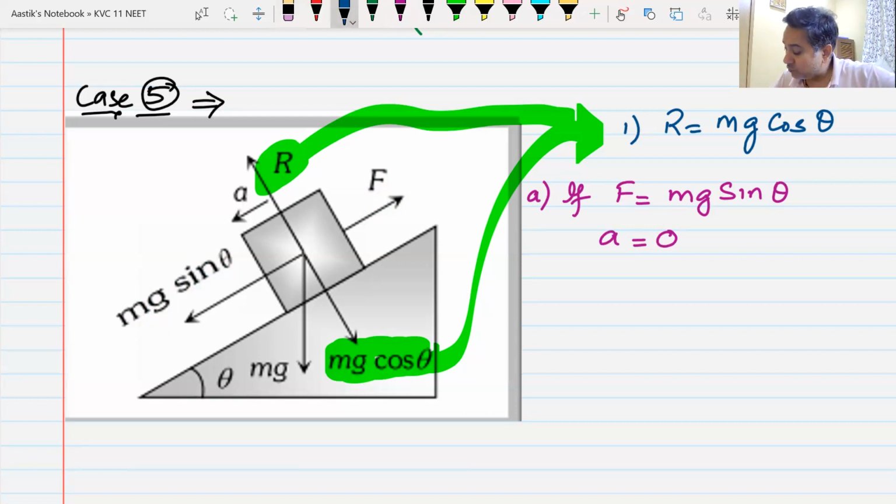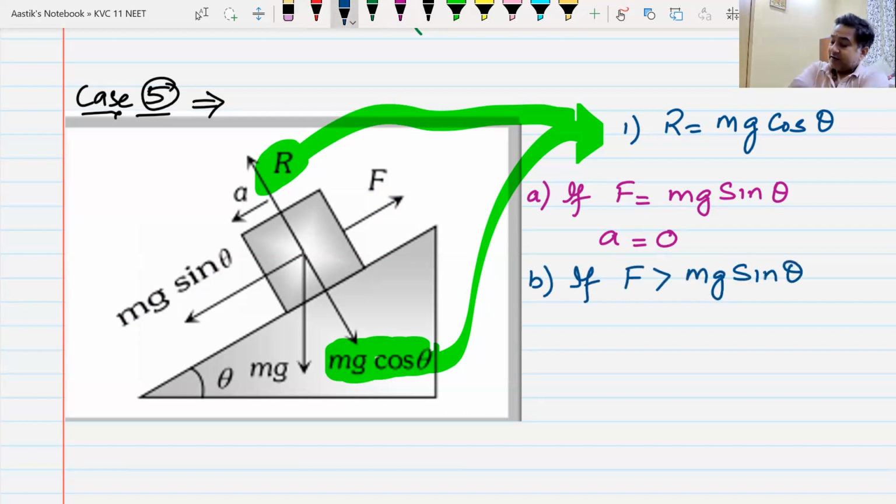Let us look at the blue case. If F is greater than mg sin theta, can you tell me what will happen?